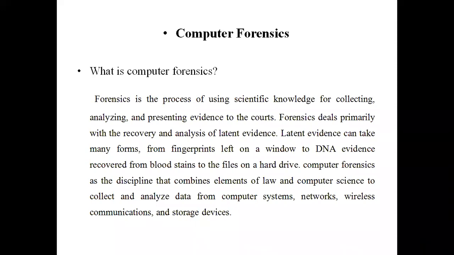Computer forensics is very helpful whenever anything goes wrong. Your computer system will speak a lot about what happened over your account as well.